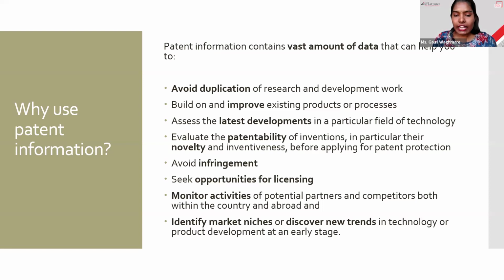Also, we will understand the latest trends in the development process, or the market trends in the technology, just by looking at the patent information or the patent landscape. Also, we can see cross-licensing between different companies when we check the non-technical data.